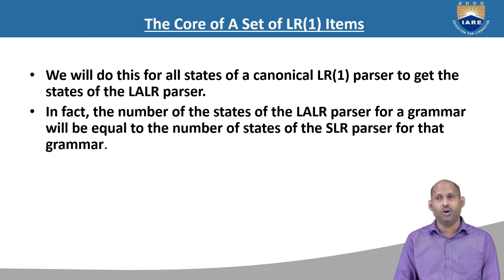We do this for all the states of the canonical LR1 parser to get the states of the LALR parser. In fact, the number of states of the LALR parser for a grammar will be equal to the number of states of the SLR parser for the same grammar.